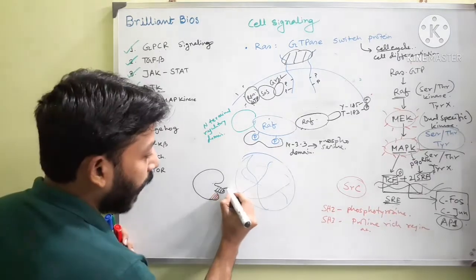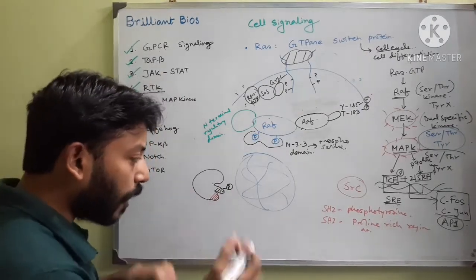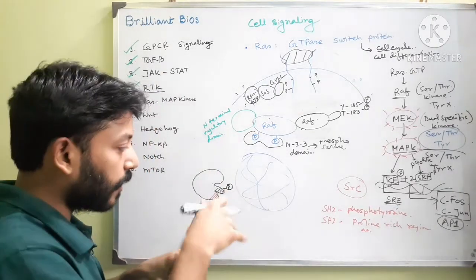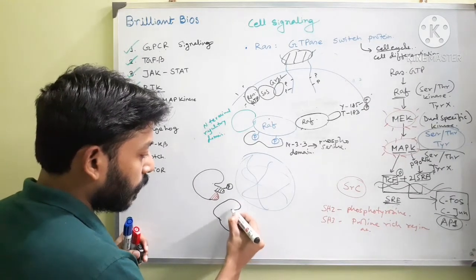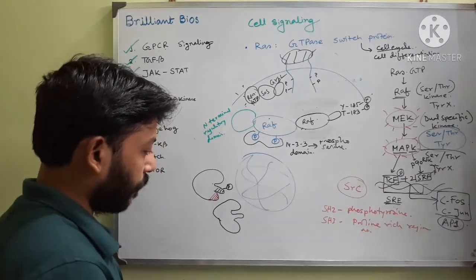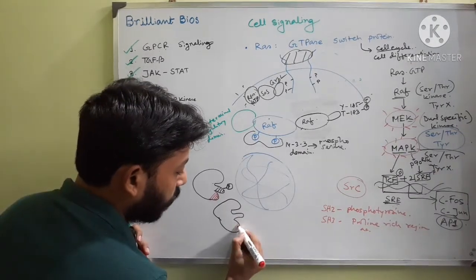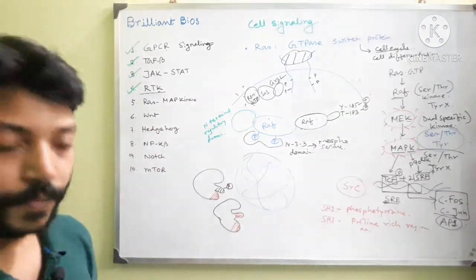But when this activation loop gets phosphorylated, it changes conformation so that it cannot mask or hide the kinase domain. So now the structure will become like this. Now this kinase domain is open. The activation loop changes conformation.